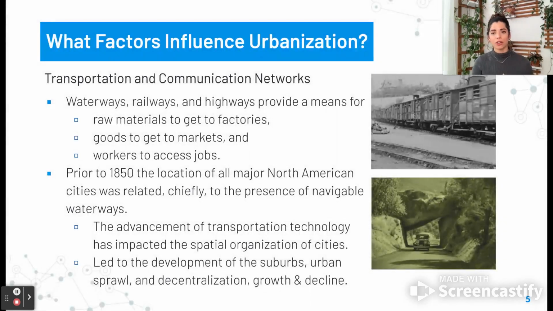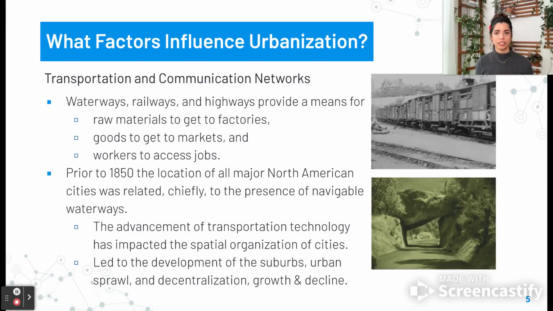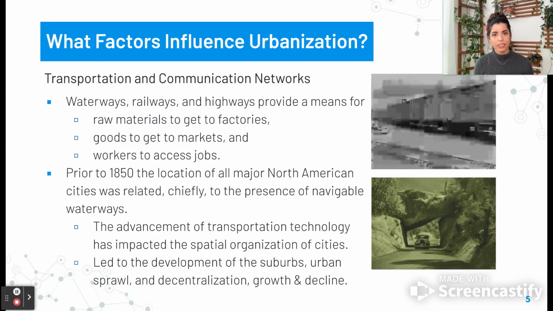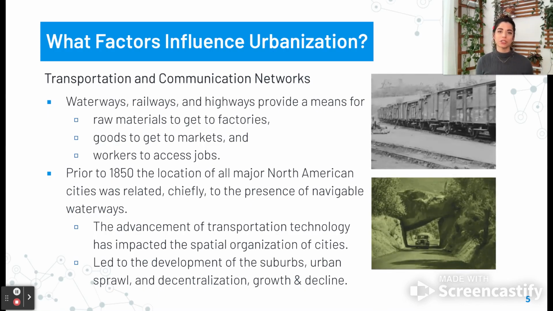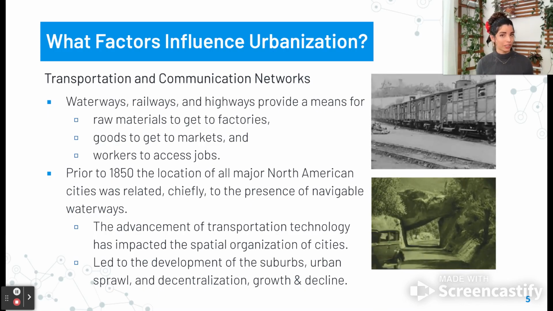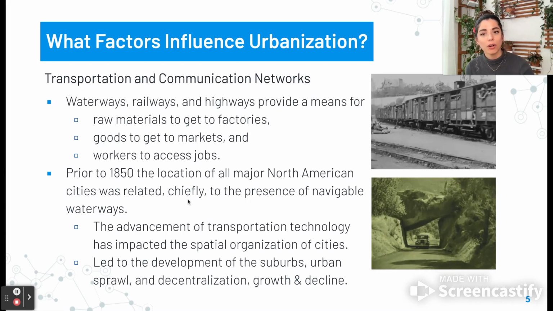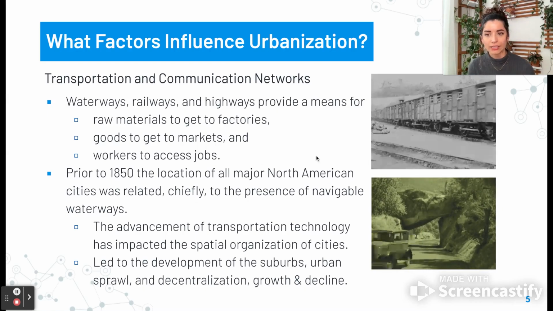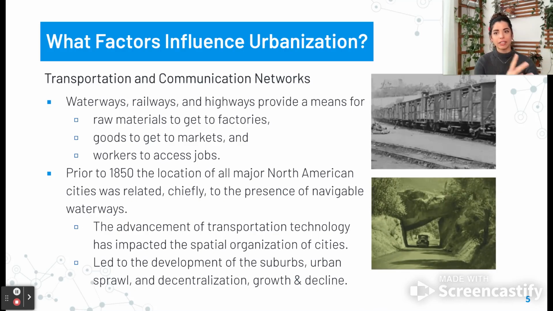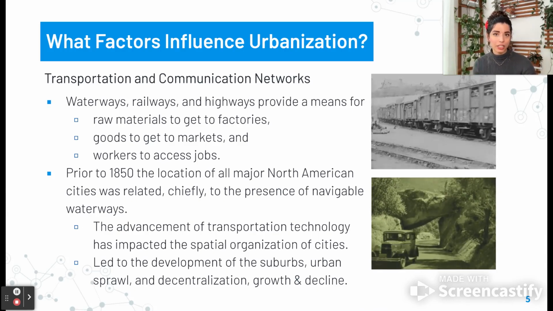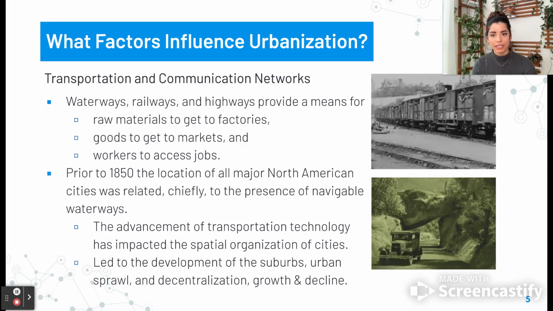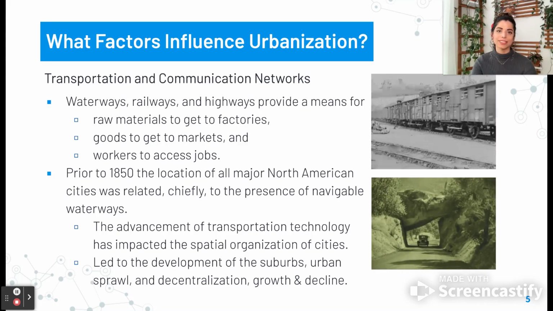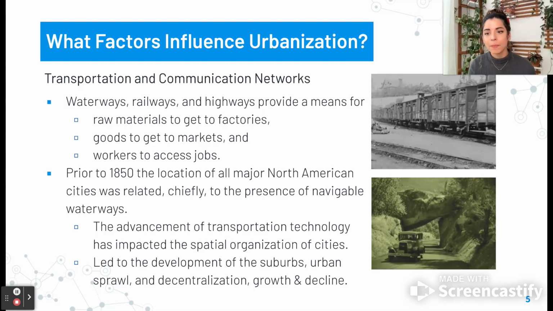So moving forward, for factors that influence urbanization, we have transportation and communication networks. That is such a huge influence over how cities grow and where cities grow. So things like waterways, railways, highways, that provides that ability of movement for raw materials to get put into factories and then goods to get to markets, as well as for people to get to their jobs and to get to work.